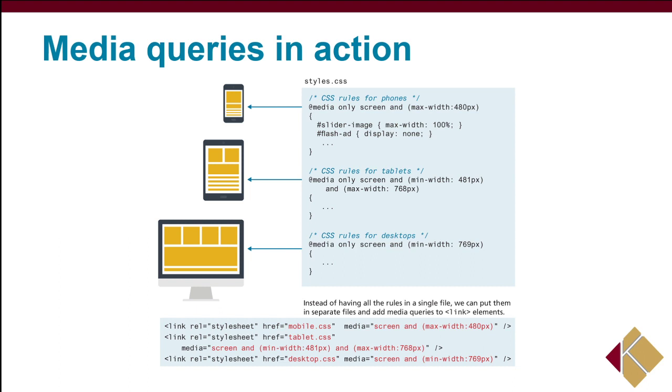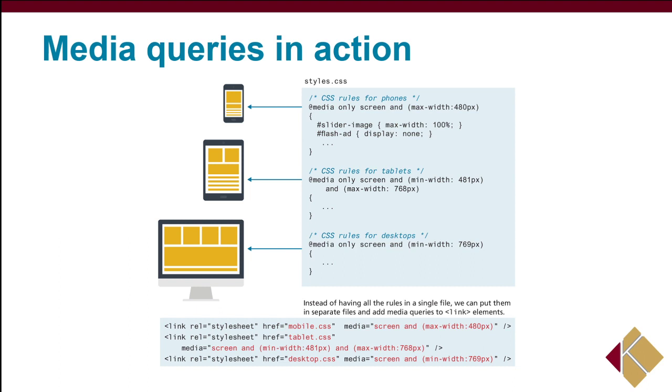Okay? For tablets, you set a minimum and a maximum width. So it's saying, make this happen only if it's a screen and it has a minimum of 480 pixels, so no smaller than 481, and a maximum no bigger than 768.